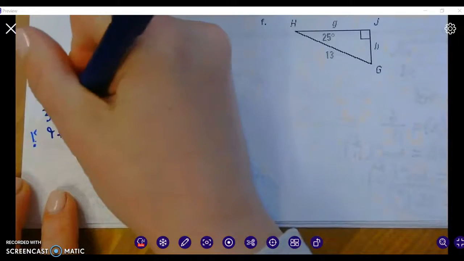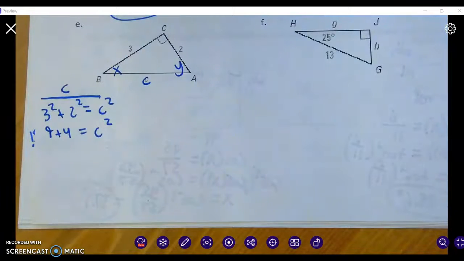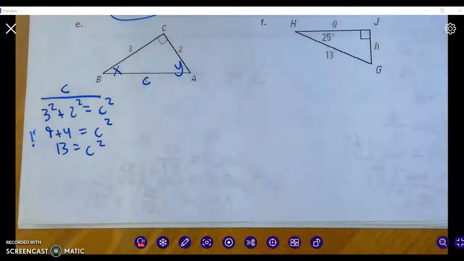Okay, so 9 plus 4 equals c squared. Got 13. Okay, and what's my last step with Pythagorean theorem?